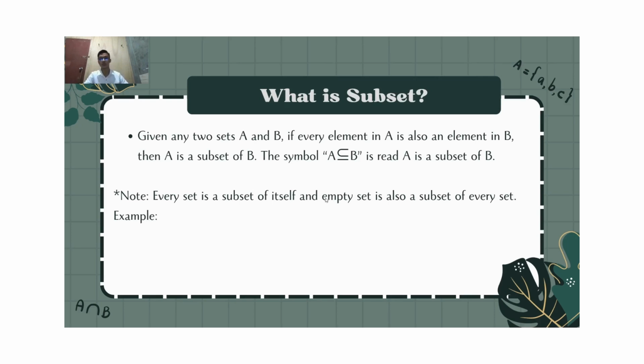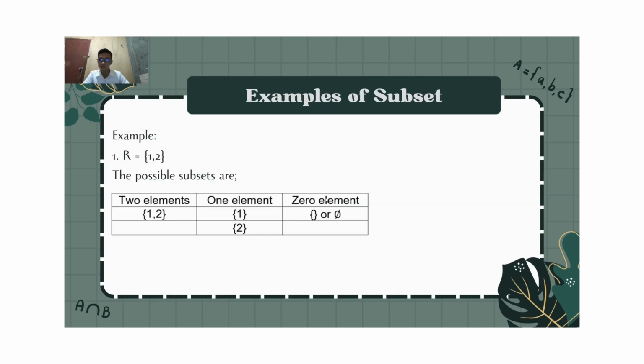Please do take note also that every set is a subset of itself. And an empty set is also a subset of every set. Now we have some examples of subsets for us to understand what a subset is.